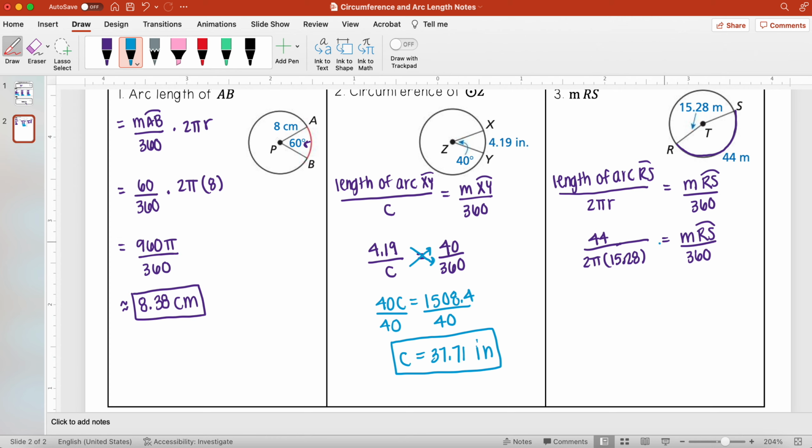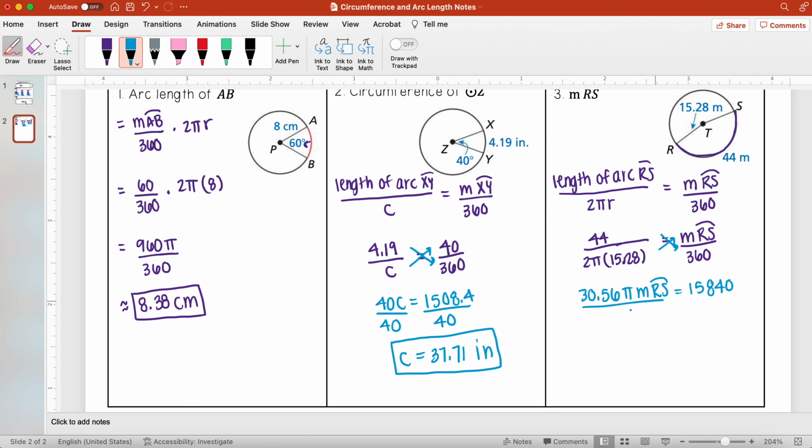So I multiply 15.28 times 2, and I get 30.56 pi times the measure of arc RS. It's equal to 44 times 360, which is equal to 15,840.